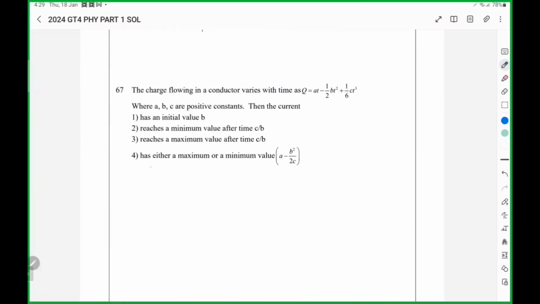Here the charge is At minus Bt squared plus Ct cubed, and current will be the rate of flow of charge.